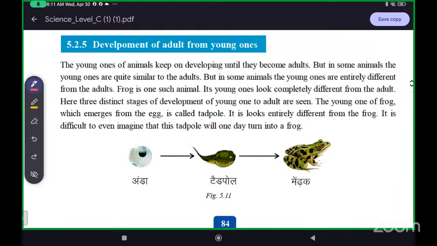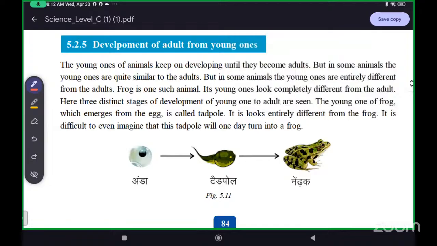If you take a look at a tadpole and a frog, they look very different, mainly because the tadpole has a tail and no limbs, but the frog has four limbs. But a cow and its baby look very similar, except that the baby cow is smaller in size.